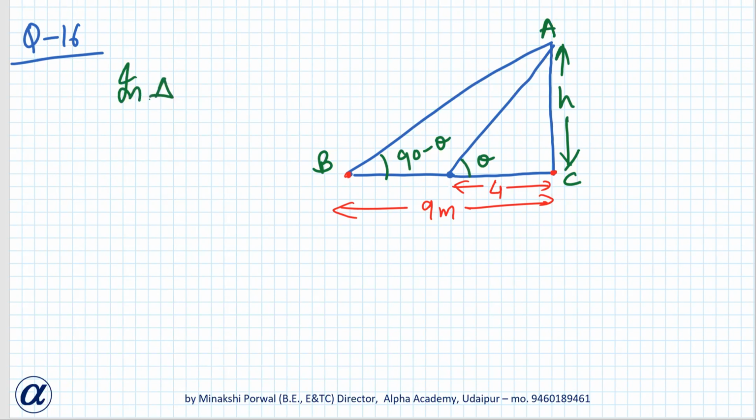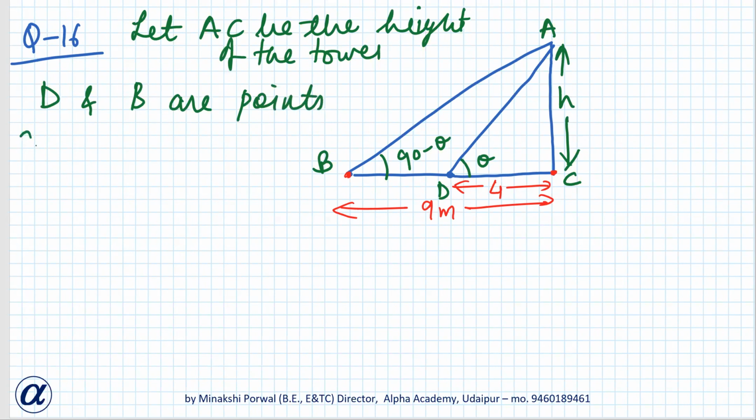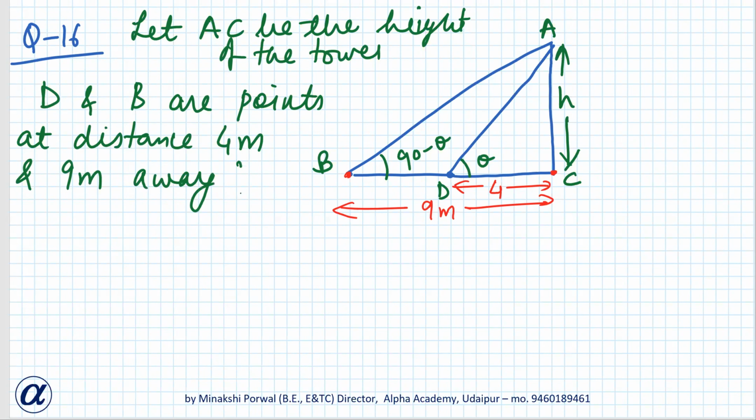In the triangle, let AC be the height of the tower. D and B are points at a distance of 4 meter and 9 meters away from the foot of the tower.